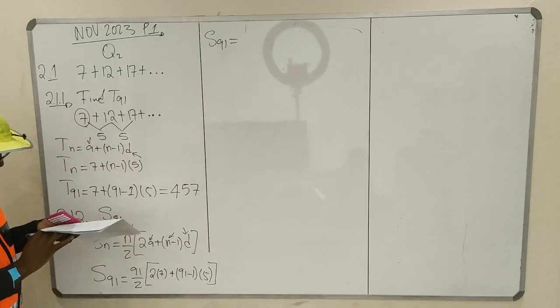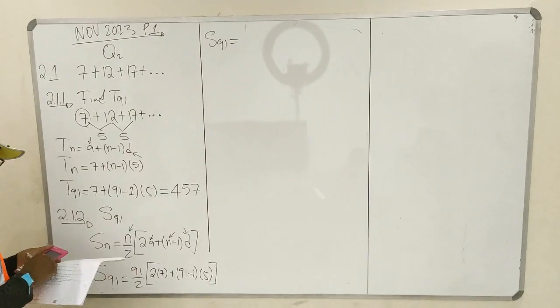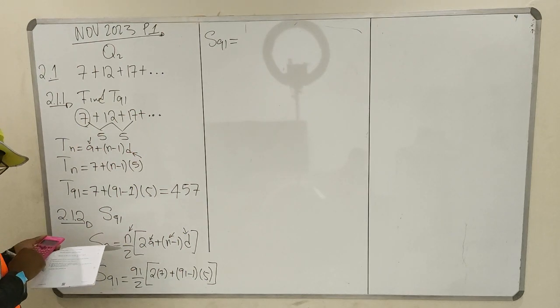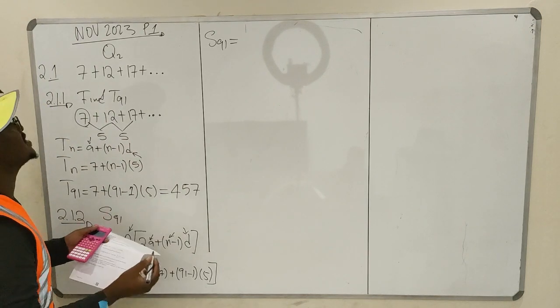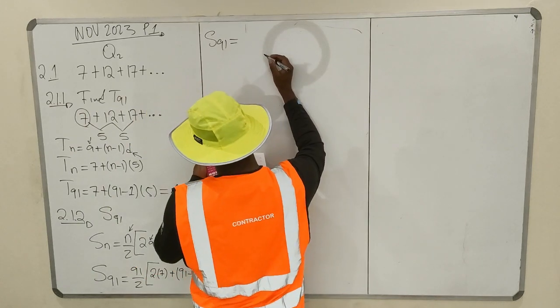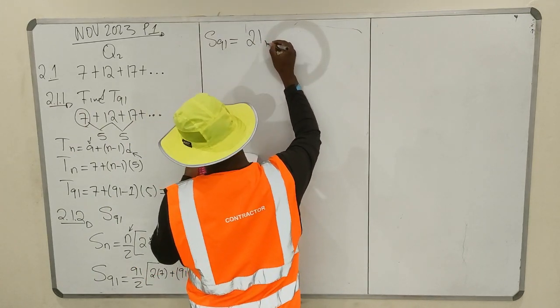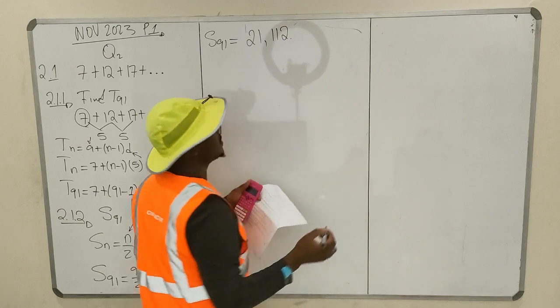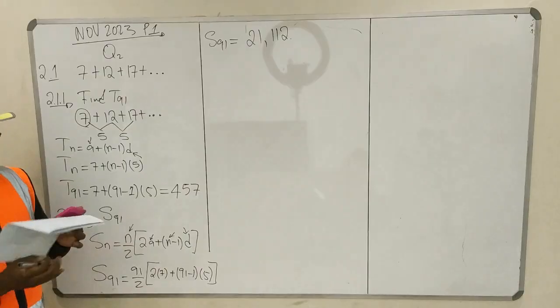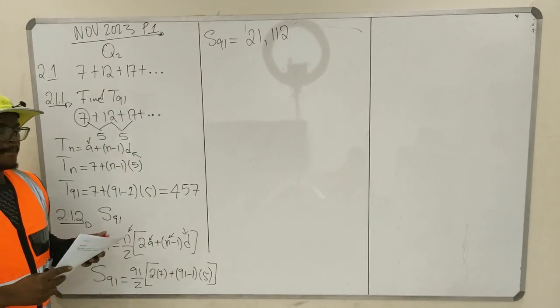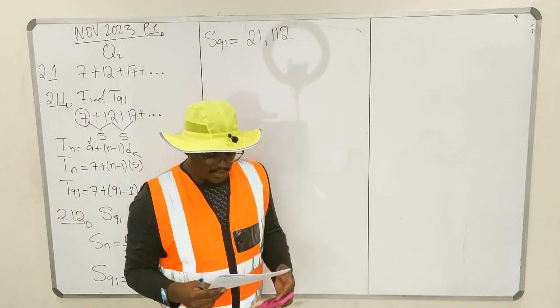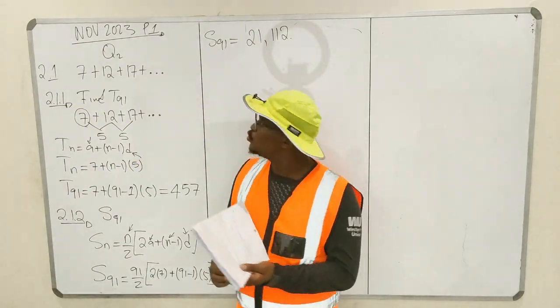You can punch that on a calculator as I do on mine. 91 over 2 times (2 times 7 plus 91 minus 1 times 5). So you get that the sum of the first 91 terms is 21,112. So let's move. We're going to 2.1.3.